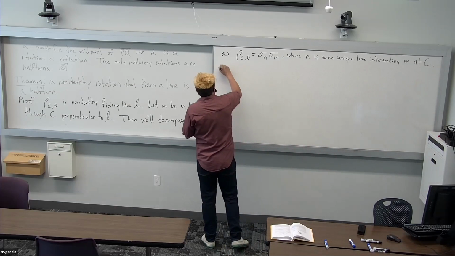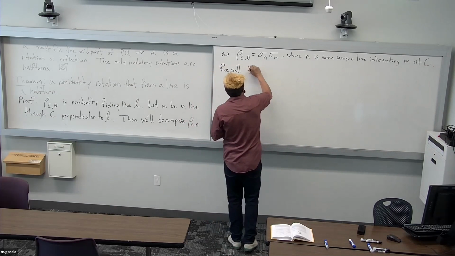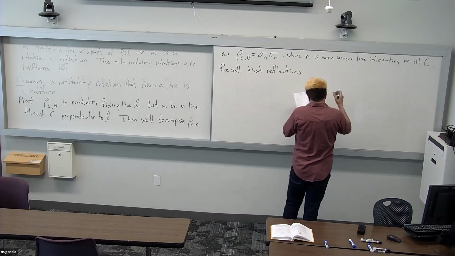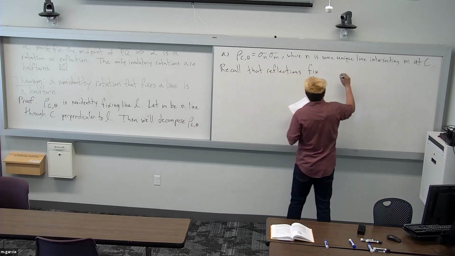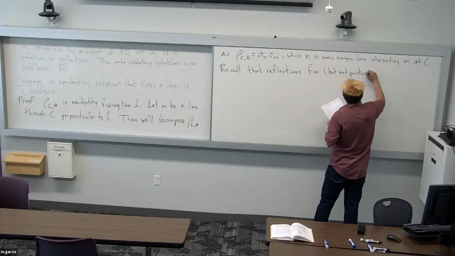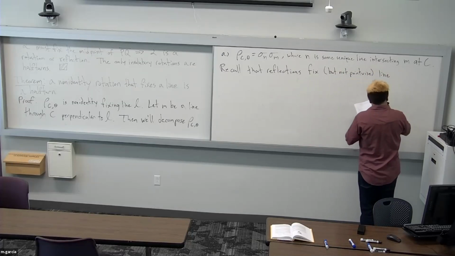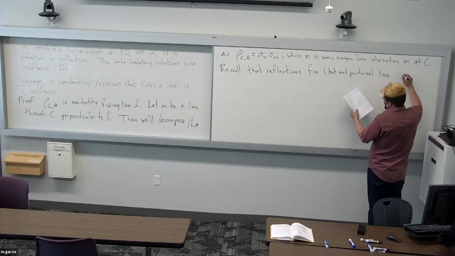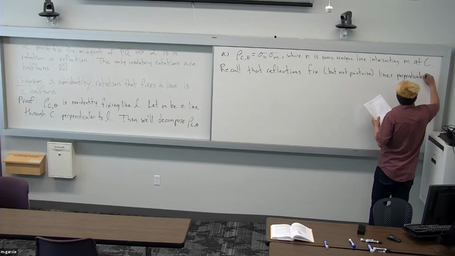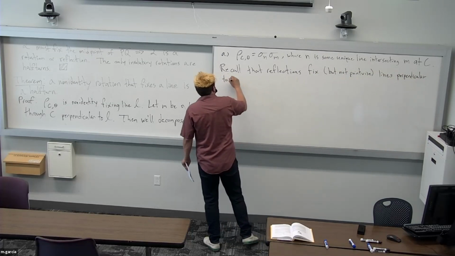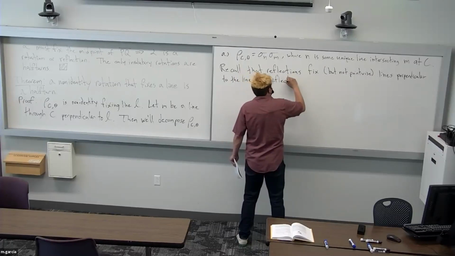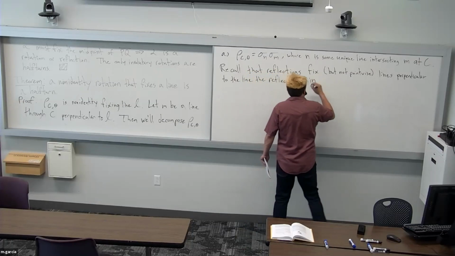So, recall that reflections fix pointwise the line the reflection is in, but every line perpendicular to the line the reflection is in gets flipped.